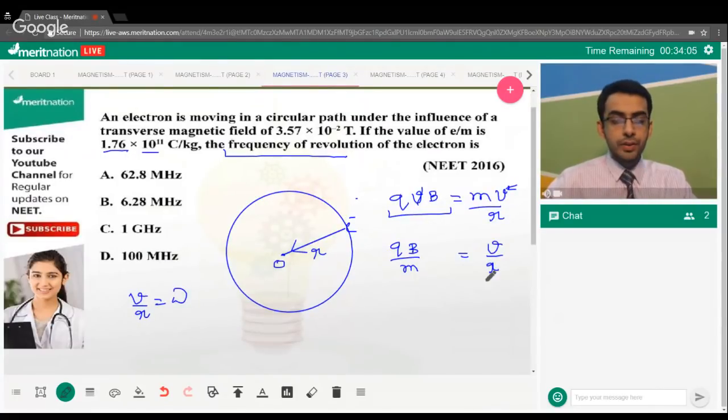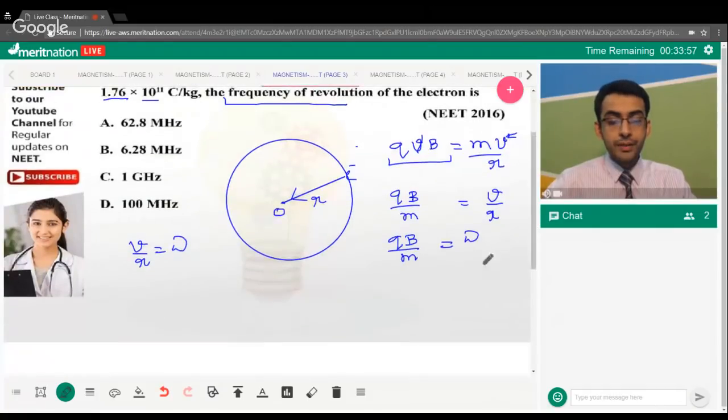So QB by small m is equal to omega, or equal to 2 pi f. This implies f is equal to QB by m into 2 pi.